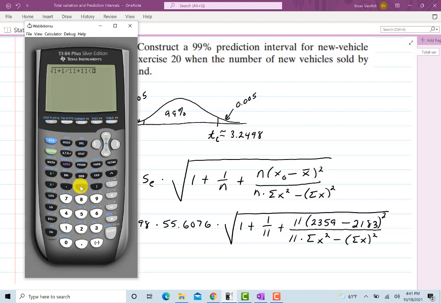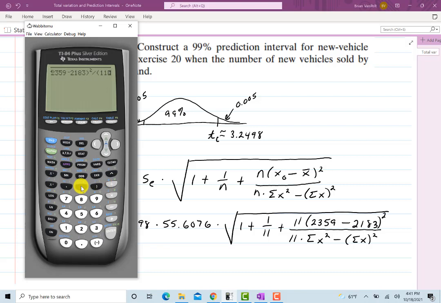I have 2359 minus 2183. Let me finish that parenthesis. Square that. Now the bottom of that fraction I'm going to encase in parentheses just to make sure I have all of it. If you don't do that, you're not going to have the right answer.